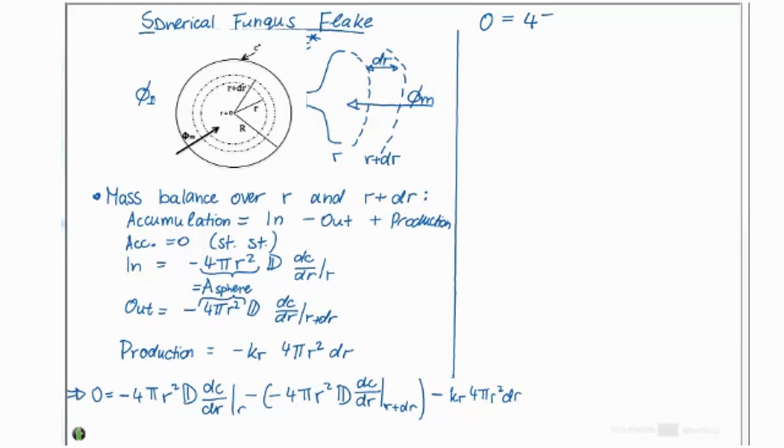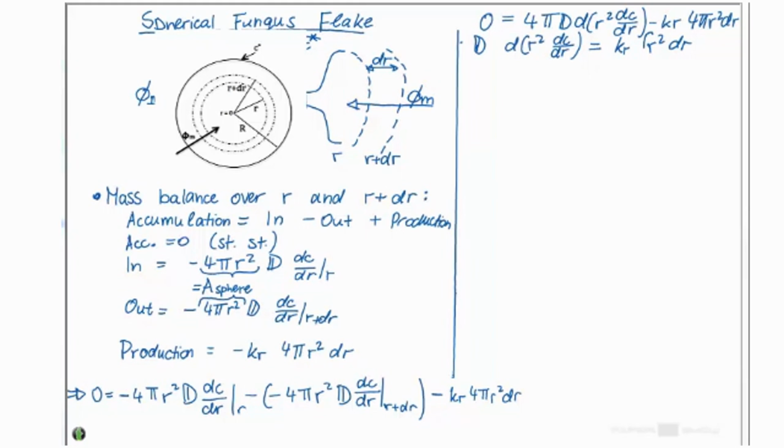Now, in this mass balance, I will combine the 2 diffusion terms on the right hand side of the equality sign into the derivative form. So basically, the r squared and dc over dr are taken into the first derivative. Next, you can put the production term on the other side of the equality sign.